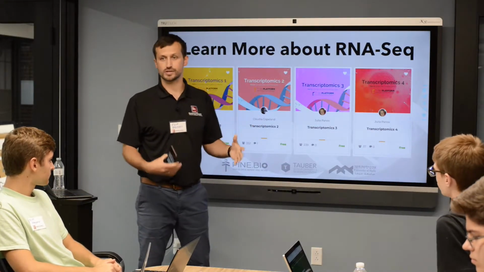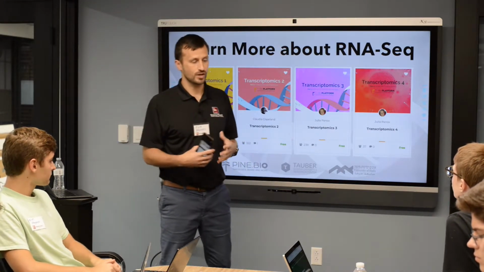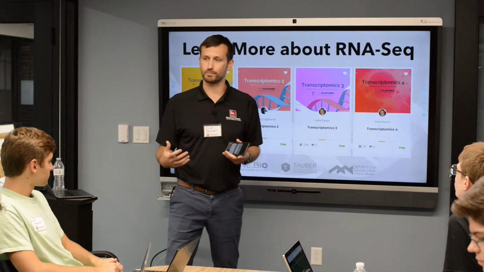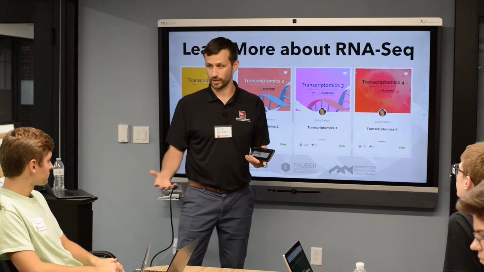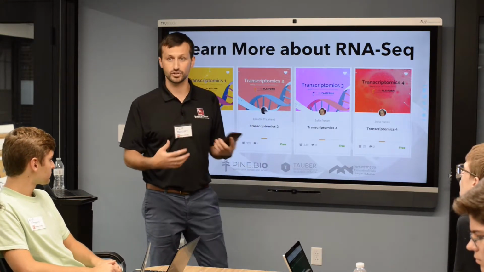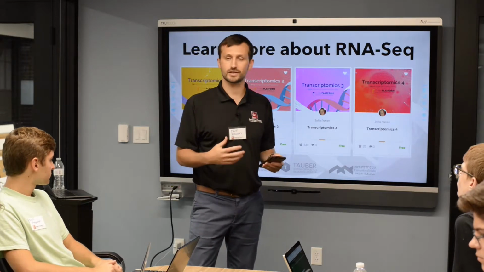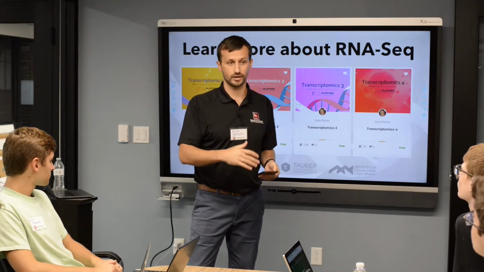Transcriptomics 3 introduces the concept of machine learning. When we talk about statistical tests, we're really looking at fairly simple patterns that are easily detectable in some way. There are some properties that are difficult to calculate, and that's why you have a bunch of different statistical tests. But basically, you're looking at something that is upregulated in one condition, downregulated in another.